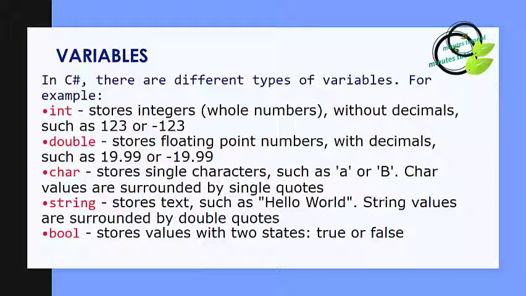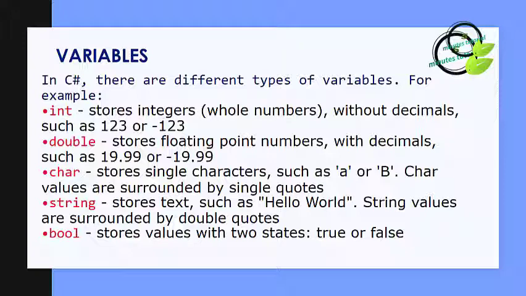So what are variables in C#? In C# there are different types of variables like integer, double, character, string, boolean. Integers are numbers without decimals, such as 123 or -123. Double types are floating data types like 19.99 or -19.99.